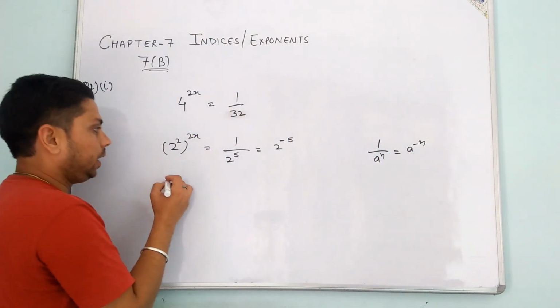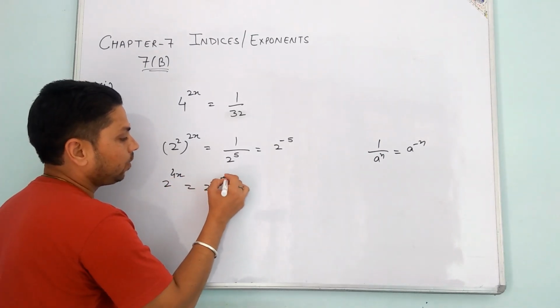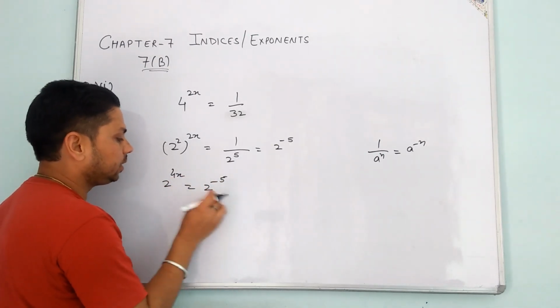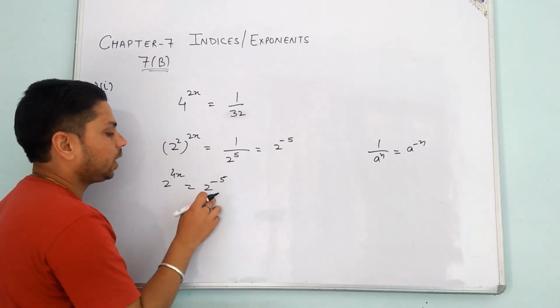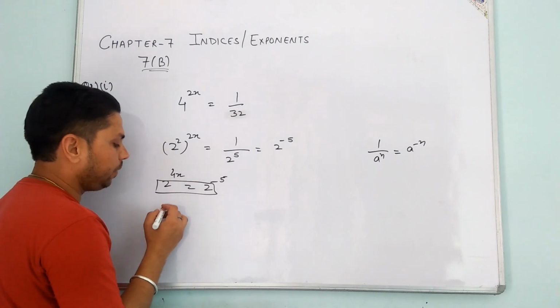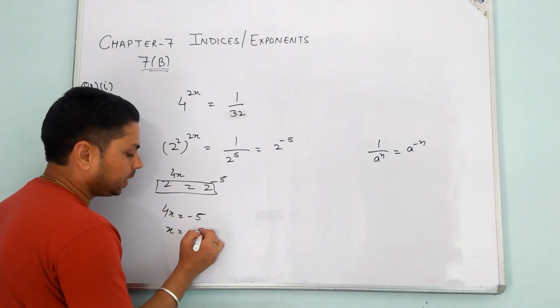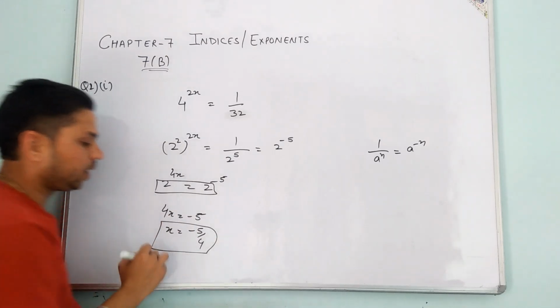So, it is 2 raised to power 4x is equal to 2 raised to power minus 5. Now, observe these two things. Two terms are equal, base is same, so their powers will be equal. 4x is equal to minus 5, x is equal to minus 5 over 4, which is our required answer.